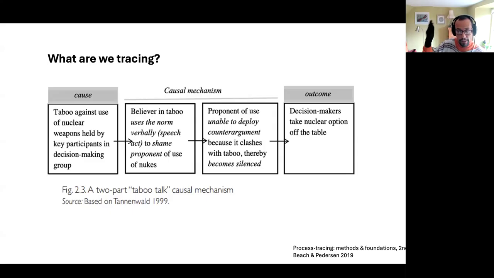Obviously, this action would lead to another situation where the proponents of nuclear weapons might withhold or be silenced from proposing nuclear weapons because they don't want to be shamed, and that will lead to the outcome of removing the nuclear option from the table.